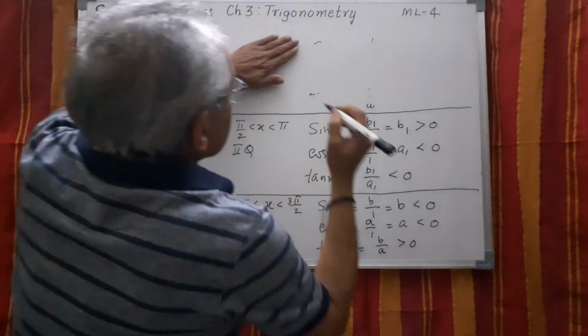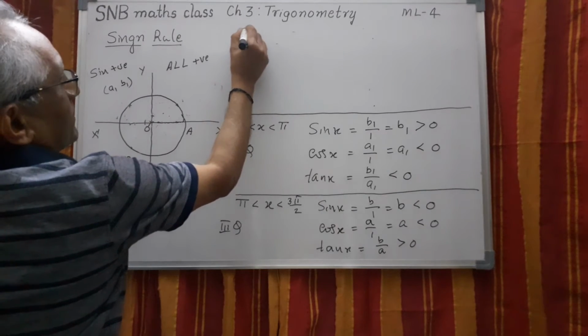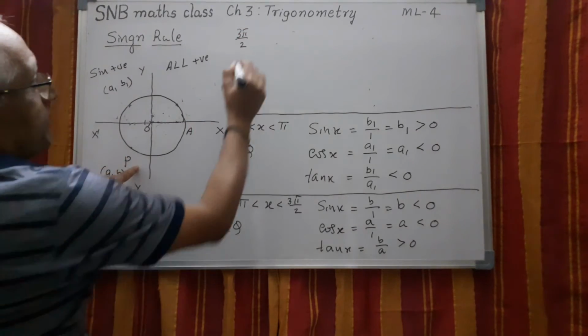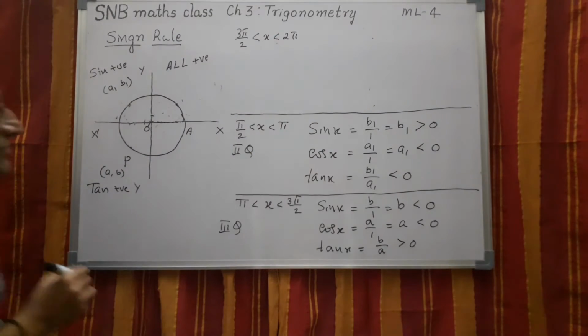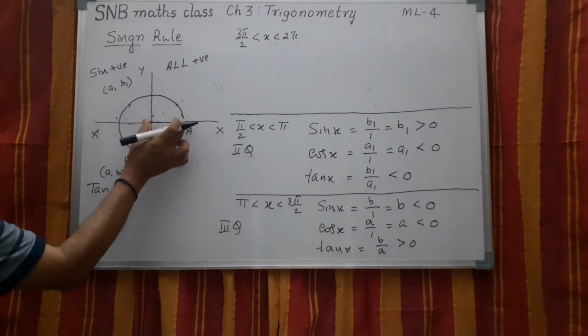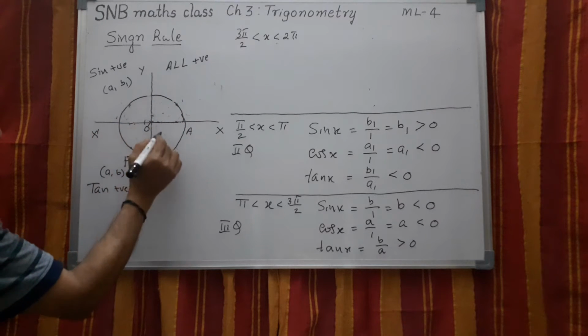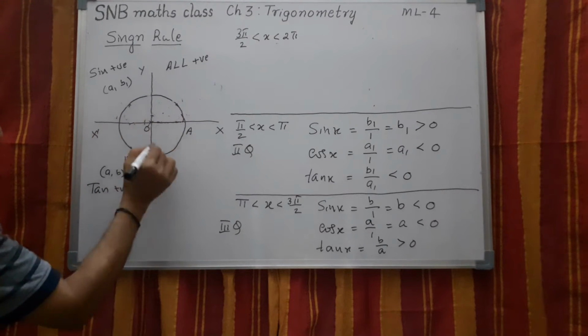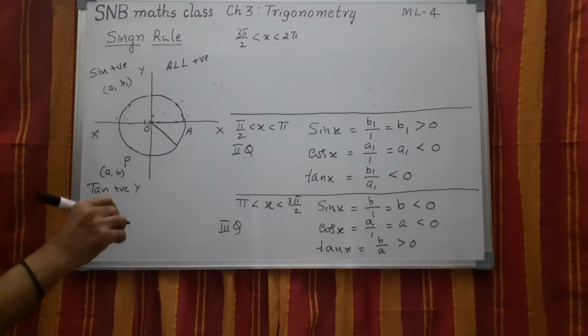Now the last case is 3 pi by 2, which is 270 degrees, less than angle x less than 2 pi. So how to draw the diagram? Imagine the radius OA is rotated and it comes to the fourth quadrant here, like this. This is the angle I have to show.